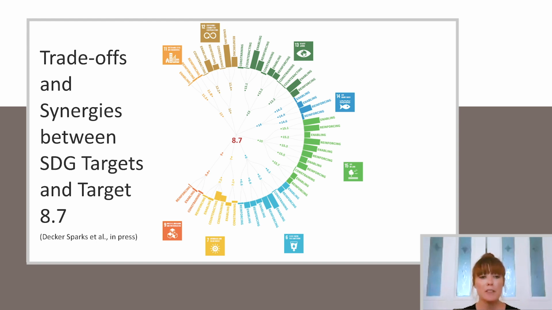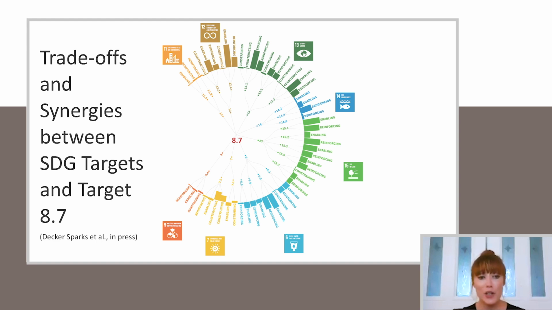I mentioned trade-offs and synergies. As you may be aware, the Sustainable Development Goals came into force, and they were intended to balance some of the tensions between social, economic, and environmental sustainability, the three dimensions of sustainability.